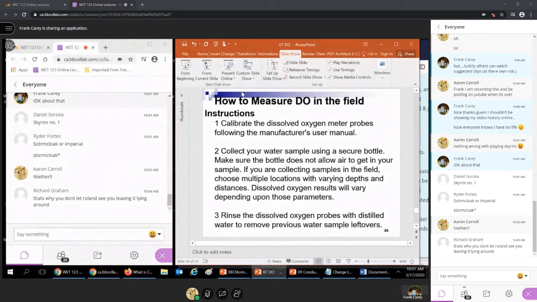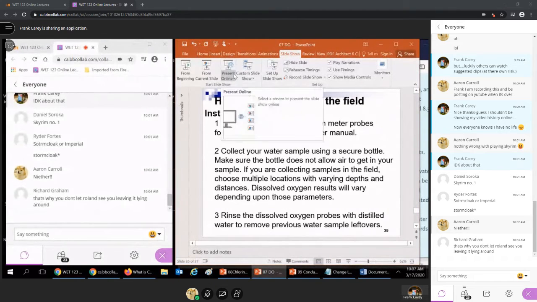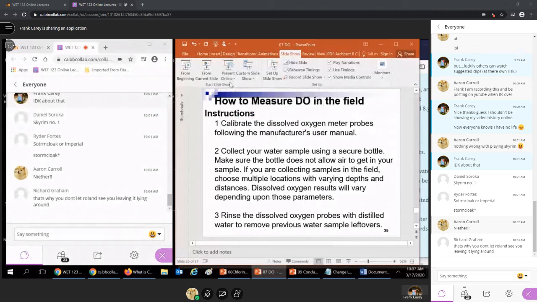But for critical applications, you have to use the supplied sample bottles. Before you immerse the probes, rinse them off. Make sure there are no deleterious materials that can interfere with the readings, no bad stuff stuck to it.